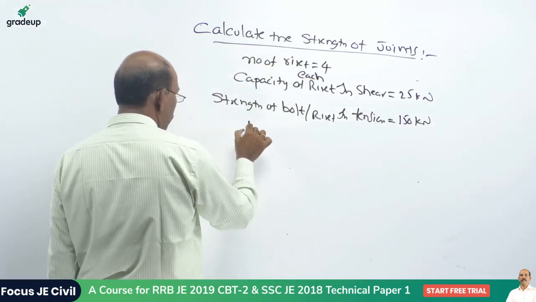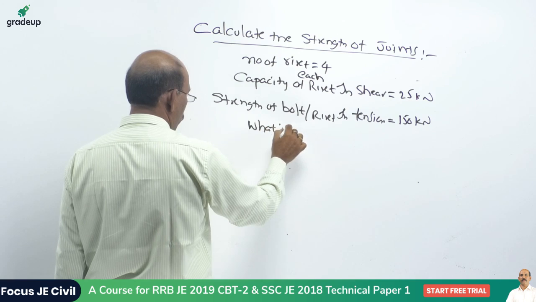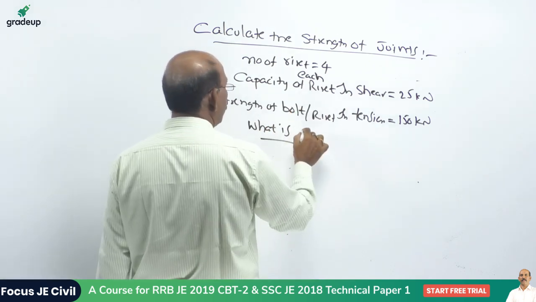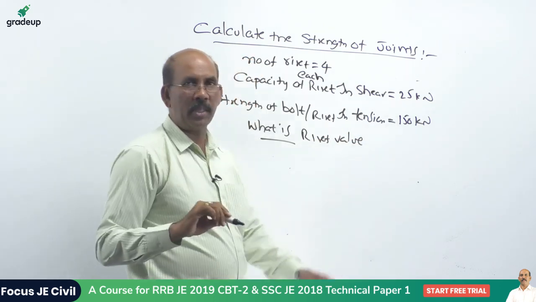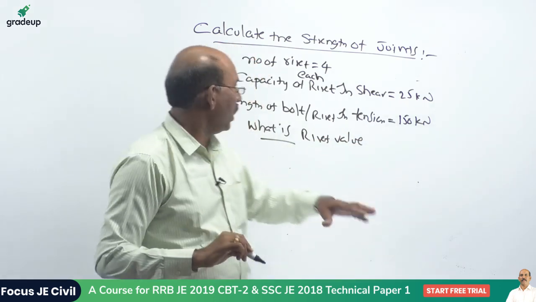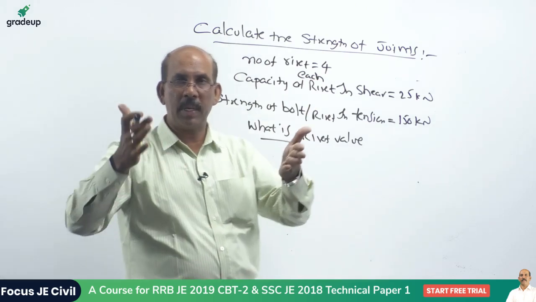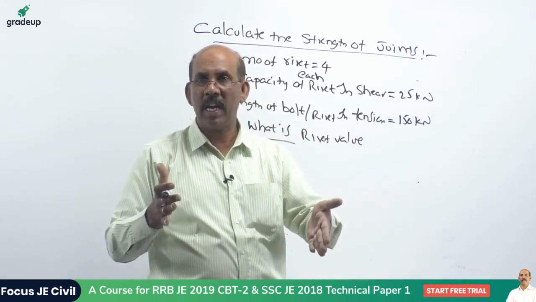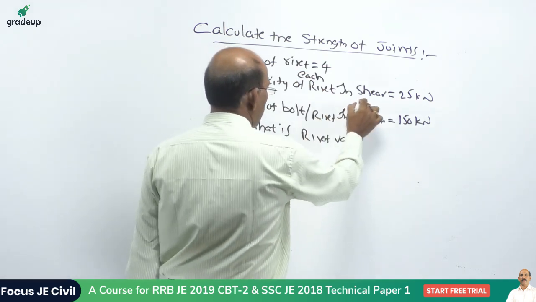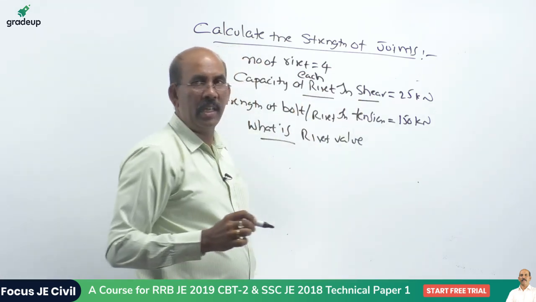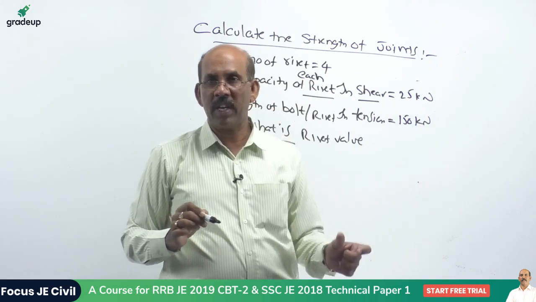So what is the rivet value? Again in this question, the number of rivets at a particular joint we have is 4, and the capacity of each bolt or rivet in shear is only 25 kilonewton.